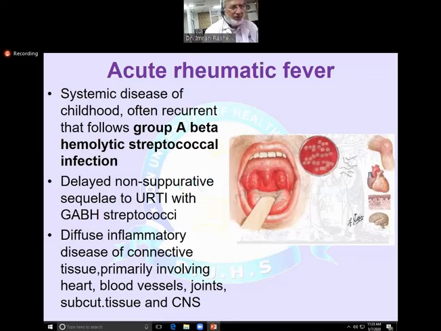After a week or 2 or 3 weeks, an immune response takes place, and that same immune response causes damage to different portions of the body. So it's a diffuse inflammatory disease of connective tissue, primarily involving the heart, blood vessels, joints, subcutaneous tissue, and CNS.